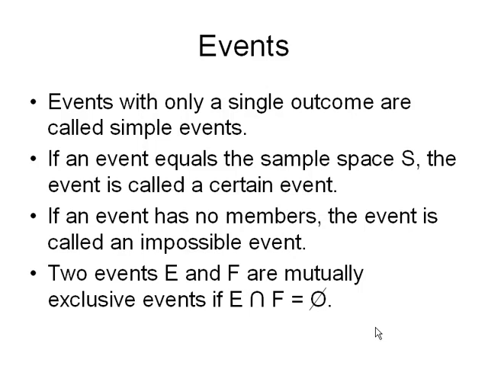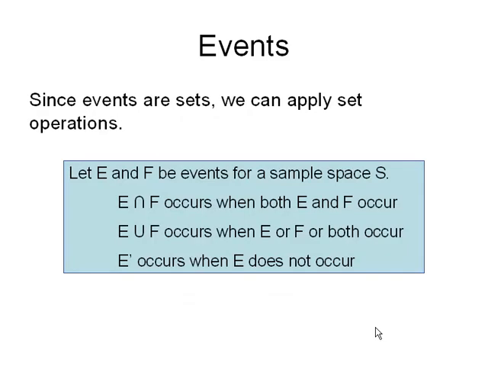Now if we have two events, E and F, that are mutually exclusive, that means that when I intersect those two events, or see what's in common, I get the empty set. So since events are sets, like we've just seen, we can apply set operations. So let's suppose E and F are events for a sample space S. E intersection F occurs when both E and F occur.